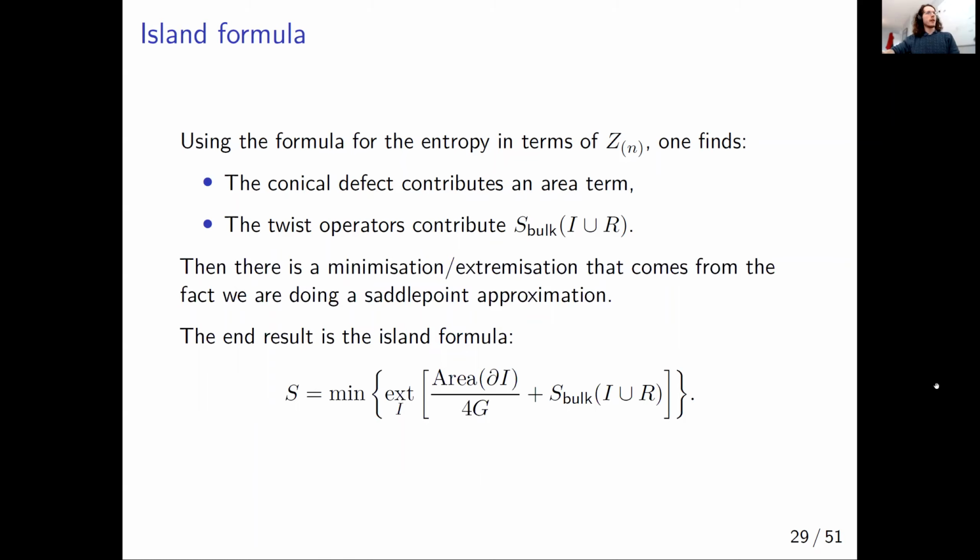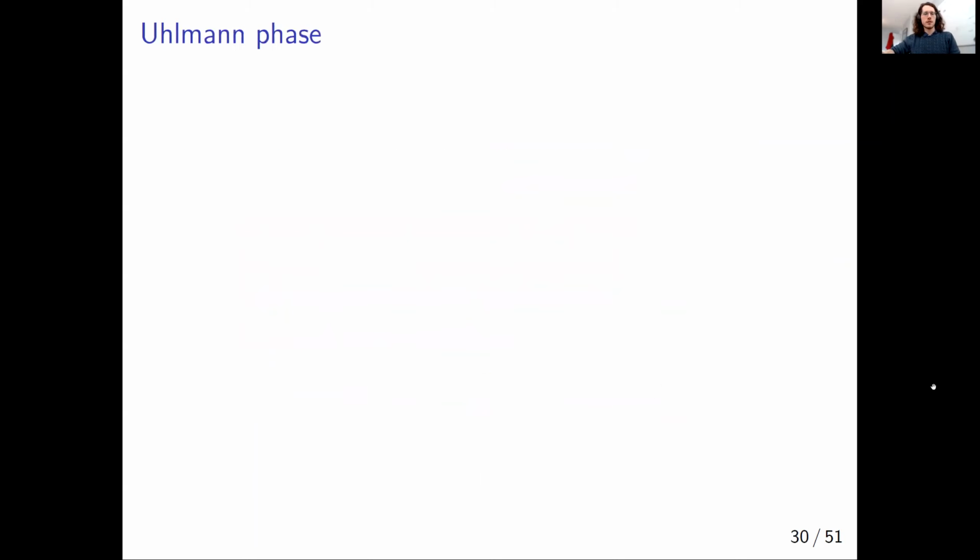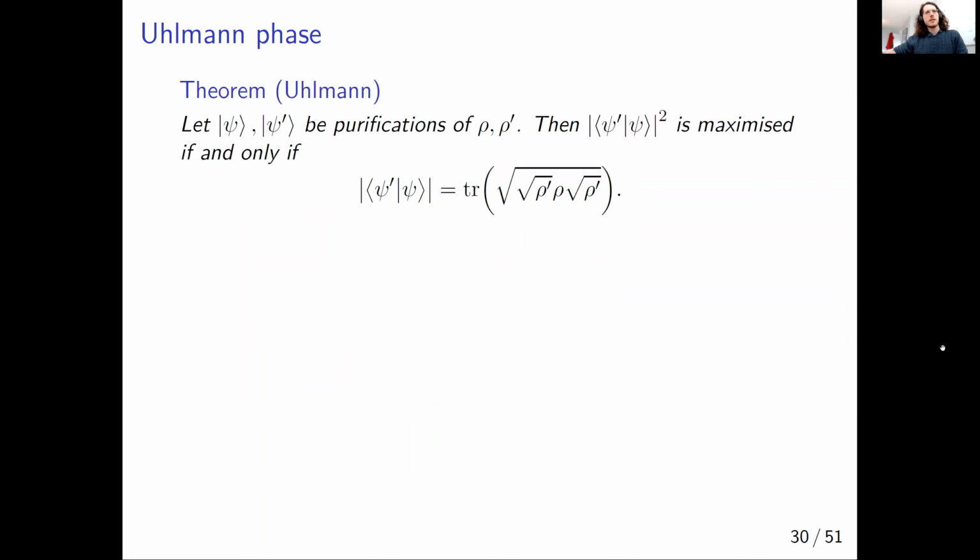And now I'm going to apply some similar techniques to show how to compute the Hawking radiation's Page phase. So one key result we'll need is this theorem, also due to Uhlmann. It says if we have two purifications, psi and psi prime, of two density matrices, rho and rho prime, then those purifications maximize the transition probability if and only if this equation is satisfied.